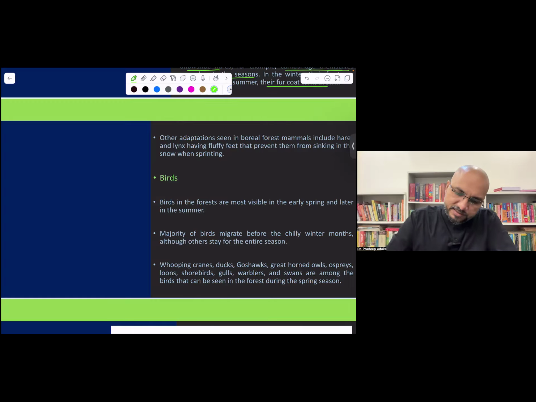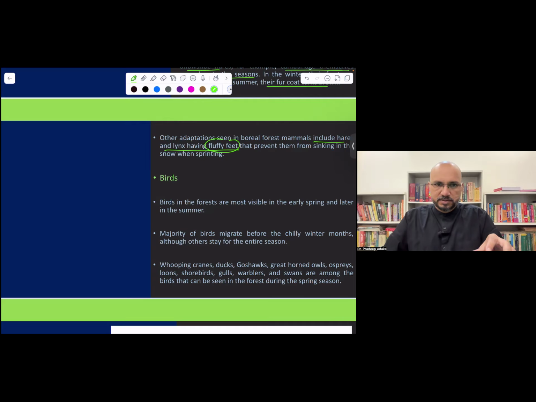Other adaptations include the hare and lynx having fluffy feet, so that they can walk on the soft snow, right? Fluffy feet. So a similar adaptation you can see in camels also. In camels, because they are in the desert, they have pad-like feet so that they can walk on the sand, right?